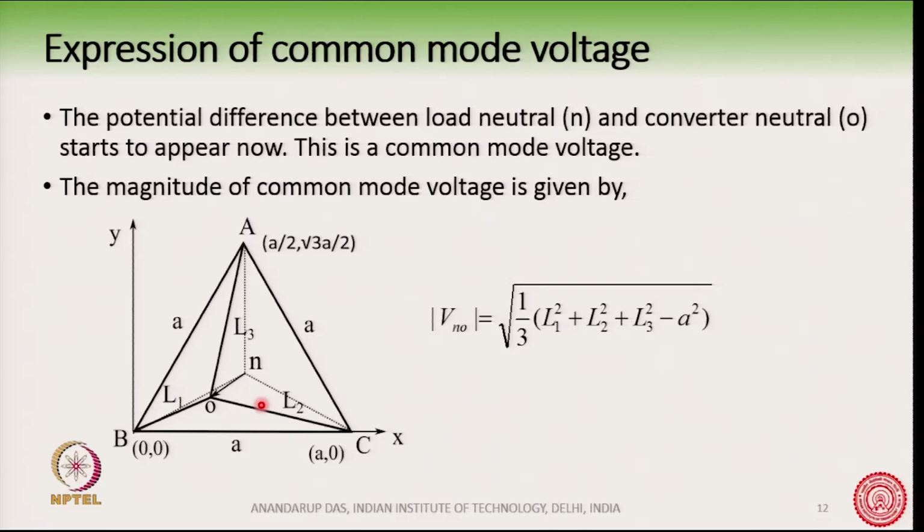So this VNO voltage is a common mode voltage. From the previous equation you can get the magnitude of this VNO, given by this expression here. So how much common mode voltage is getting applied can be found from this expression.